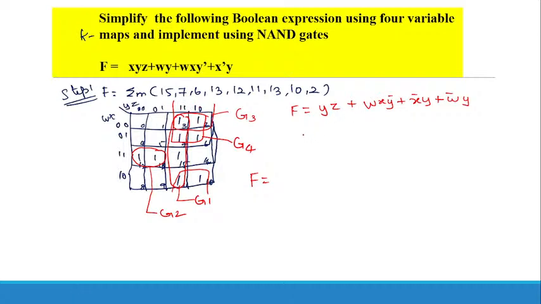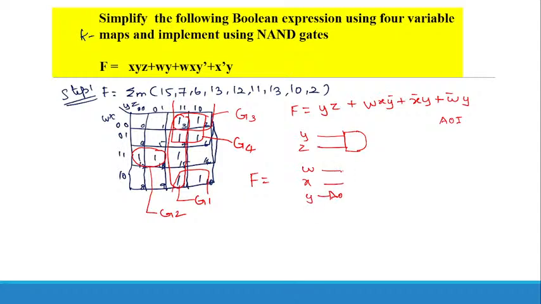If you want to implement in NAND gates now, draw the AOI logic. What is the AOI logic? What is this? YZ. That is involving structure with AND, OR, NOT. That is what AOI logic circuit. Then WXY bar.